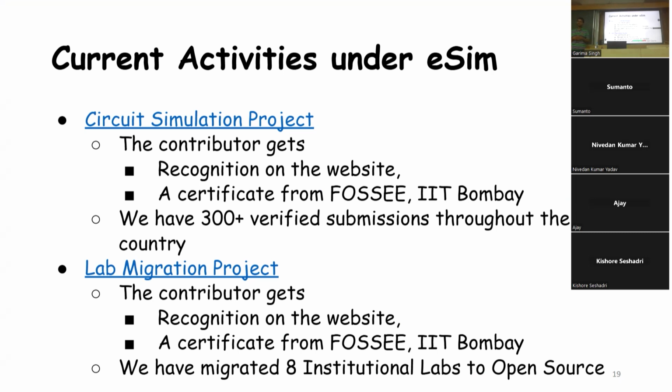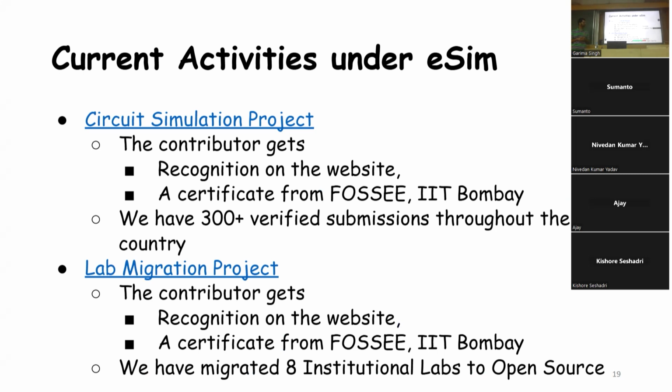After our team verifies the circuit, they can work on the proposal and submit the solution with the project files, and they receive a certificate, recognition on our website, and some amount of money. We have around 300 plus verified, actually now currently around 400 verified submissions throughout the country.